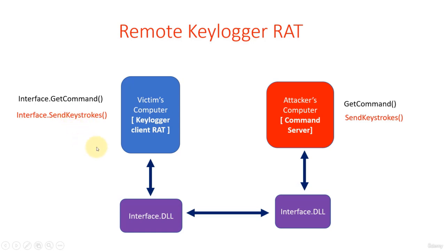Every regular interval of 15 seconds, or any other interval which you can set to your liking, it will call this command, send keystrokes, and pass it the strings that it reads from the keystrokes text file. This send keystrokes will be called remotely, and when the command and control server receives those keystrokes, it will save them locally.